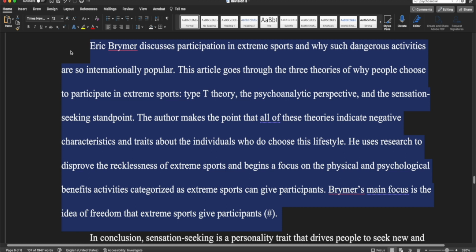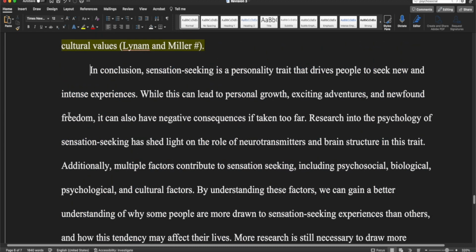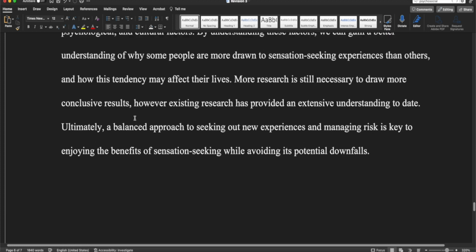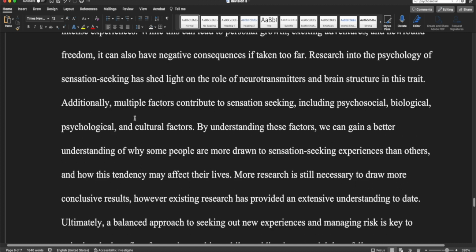Especially because the conclusion is that it gives freedom to people, or the idea of freedom, or the concept of freedom. It's not that that's not interesting. It is interesting, and I'm sure it could be relevant in a paper. But this paper, as we are revising it, is narrowing the focus on psychosocial/cultural, biological, and psychological, right? So we're going to get rid of this. We'll also need to do extensive work on this conclusion.